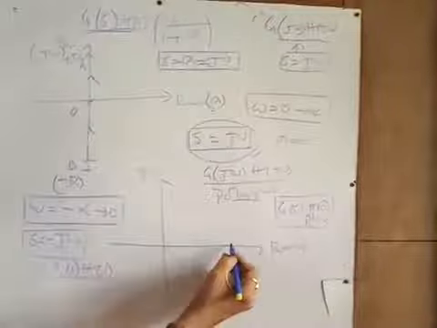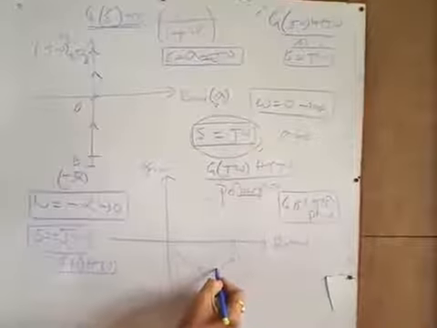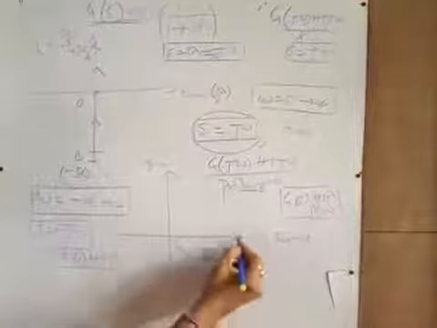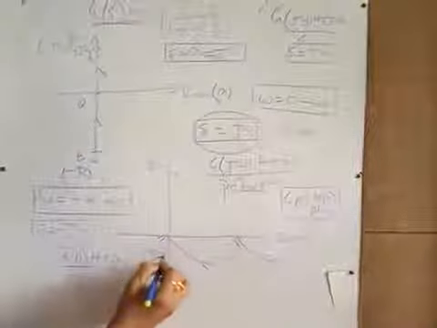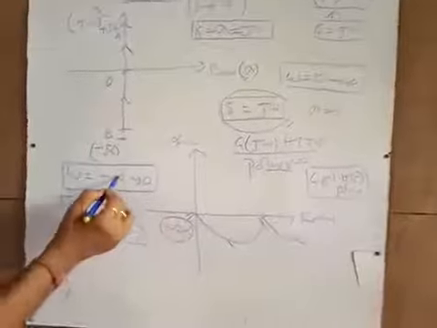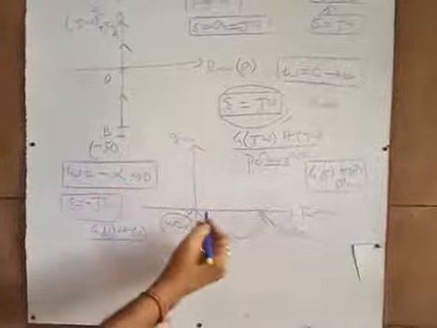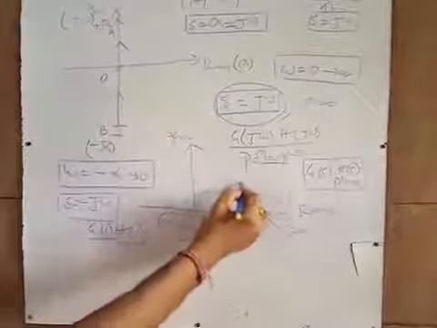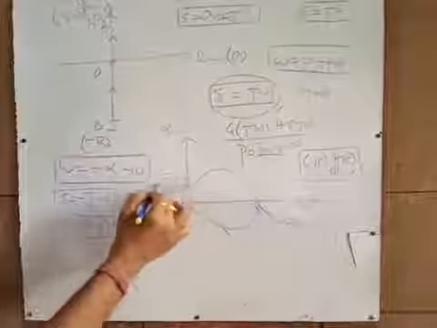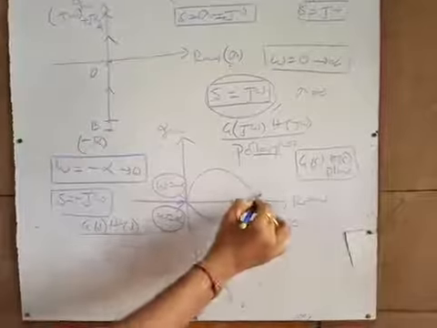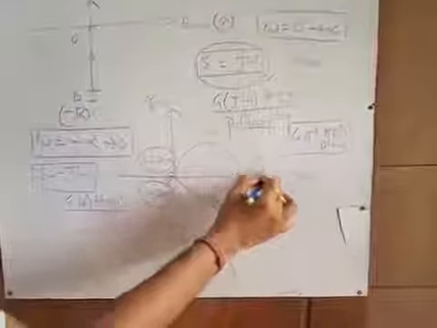That means if this is the polar plot when the frequency is varied from 0 to omega equal to infinity, now if you vary the frequency from minus infinity to 0, this will be your mirror image, right? And this point will be omega equal to minus infinity for the upper part, and this point is omega equal to 0, right?